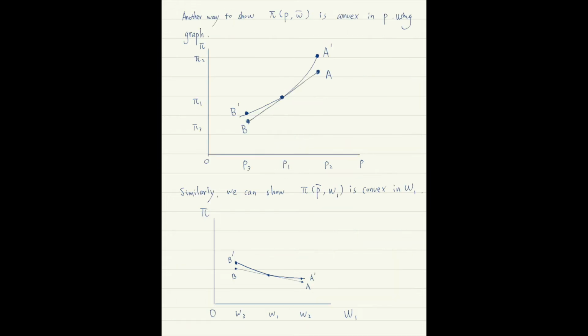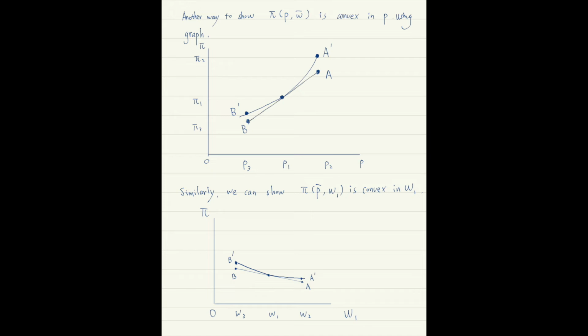Another way to show the profit is convex in output price P is to use a graph. When the output price increases from P1 to P2, if we do nothing, the profit will increase to point A. For example, when the output price doubles and we do nothing, which means the output quantity remains the same, then the profit will double.